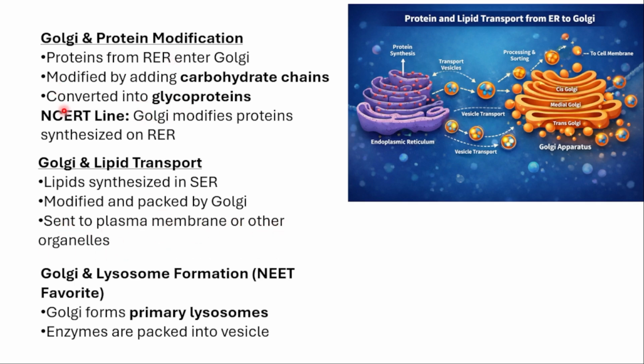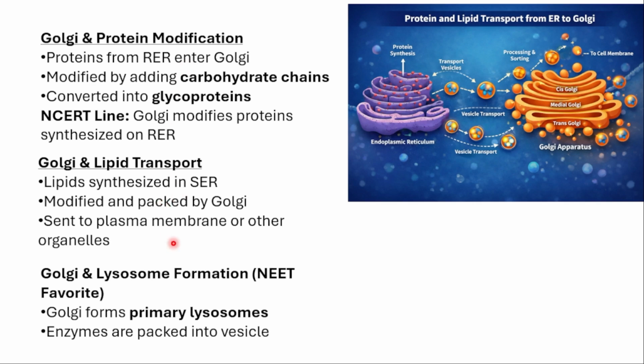Here the proteins and here the lipids, because RER releases protein and SER releases lipid. Lipid is going to form a glycolipid and protein is going to form a glycoprotein. I hope this is clear to everyone.